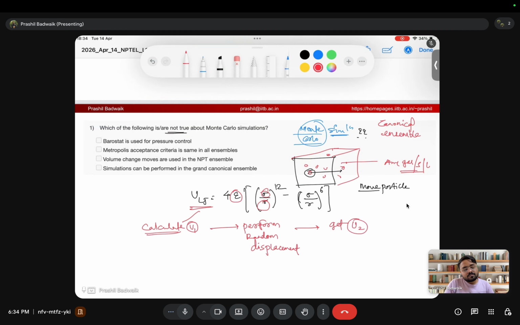This gives U2. What is the change in energy? We calculate delta U, which is U2 minus U1.